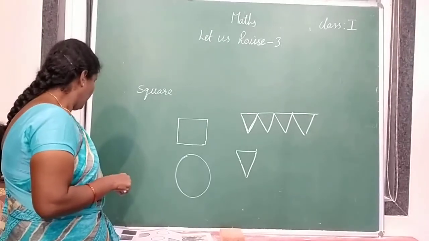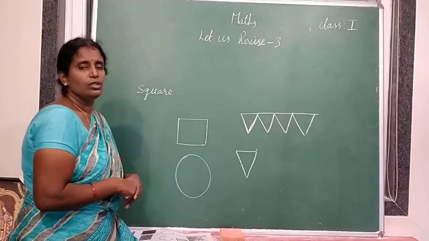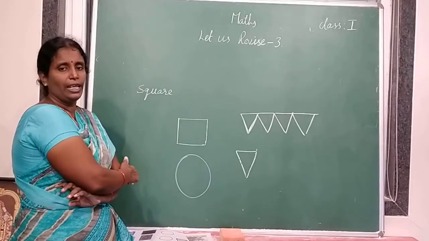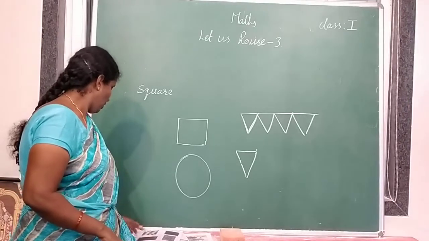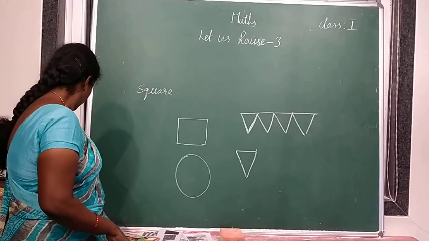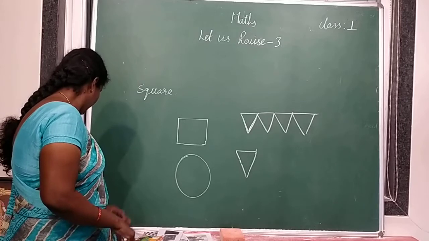Okay. Triangular shape. It is in triangle shape now. So give an example of triangle. Which object looks like a triangle? Do you know what objects look like a triangle?